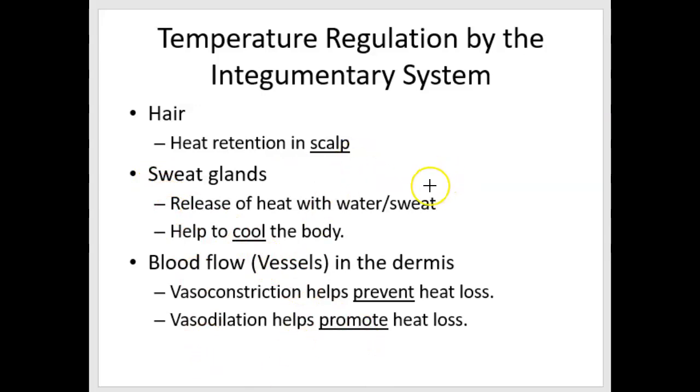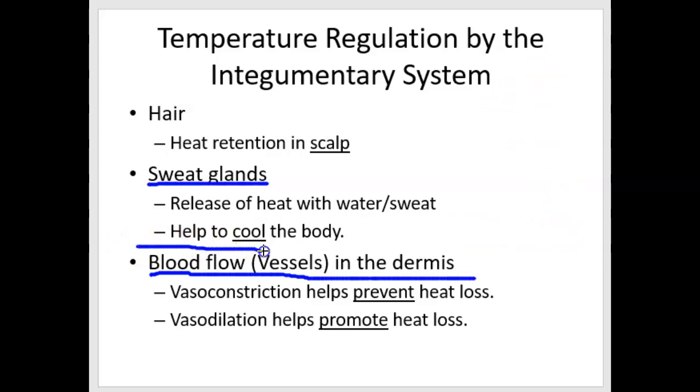The other structures involved with temperature regulation by the skin include the sweat glands and the blood vessels that are found in the dermis. So sweat is primarily composed of water, and water holds heat. Remember, it has a high heat capacity. So when sweat glands produce sweat, they release water, and the heat evaporates with the water on the surface of our body. It helps to cool the body.